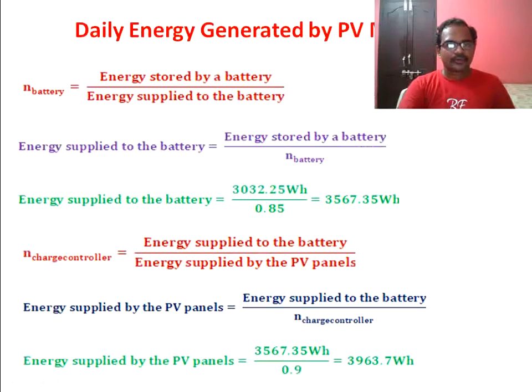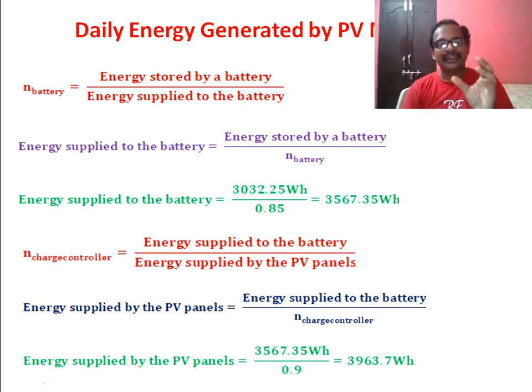So we need to calculate the energy supplied to the battery, which is the energy stored in the battery divided by the efficiency of the battery. The energy stored in the battery is the energy available at point B, 3032.25 watt hours. The efficiency of the battery is 0.85. Then you will get 3567.35 watt hours per day.